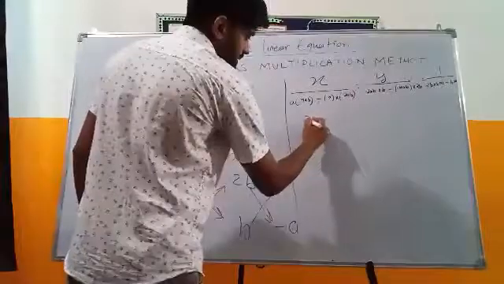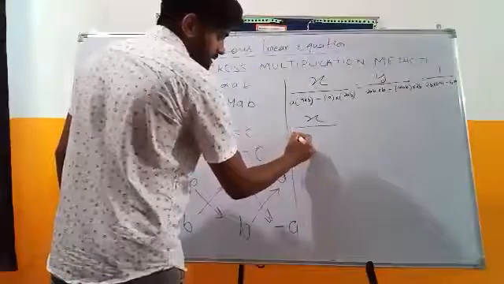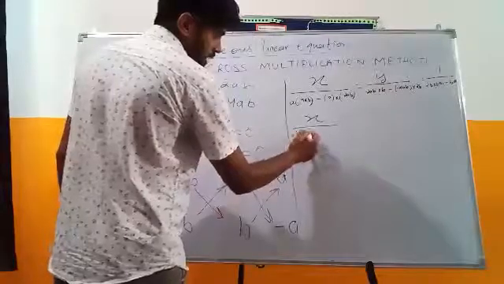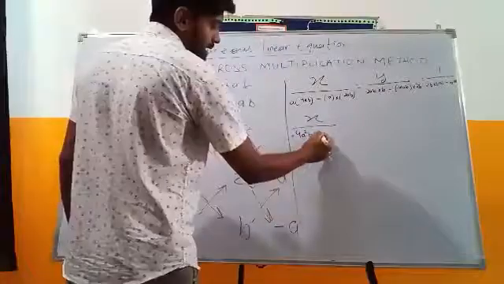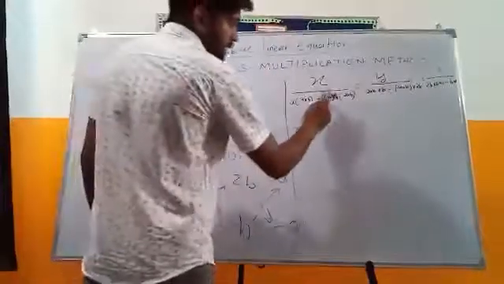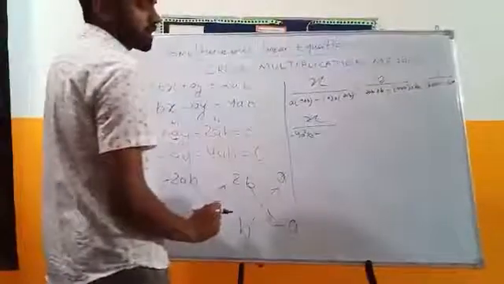So x upon minus 4a square b. I hope you understood why I wrote this, because a was getting multiplied by that minus. Now you can see how many minus signs are there. There are 3 minus signs, so at the end minus is gonna come.